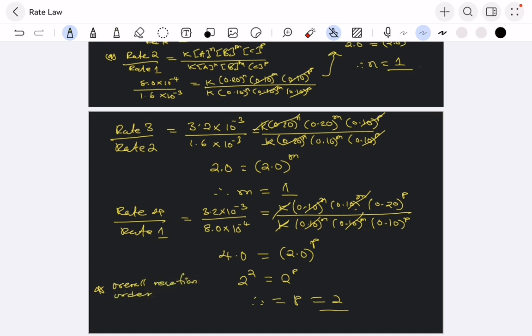So for the overall reaction order, it's N plus M plus P. So 1 plus 1 plus 2, which gives us a 4 as a reaction order.